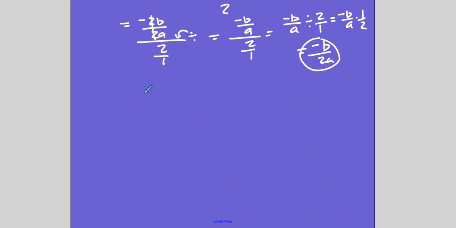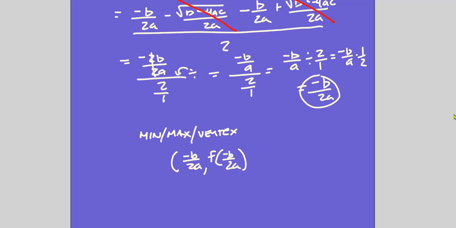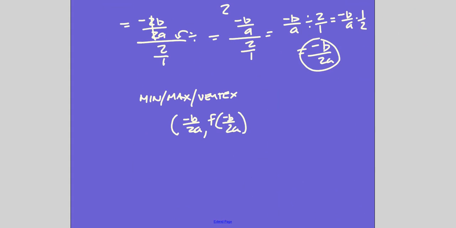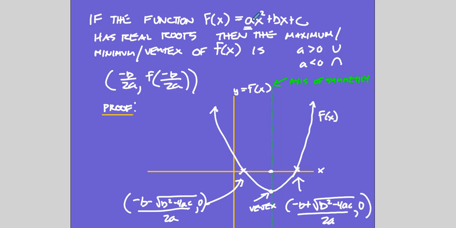So my final result here is my min-max, which is also the vertex of the function, is going to have coordinates negative b over 2a and then f of negative b over 2a. Now you can plug negative b over 2a into the original function here, but that's a kind of complicated result to remember.